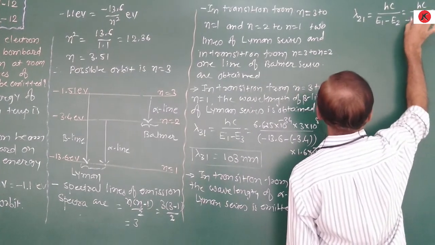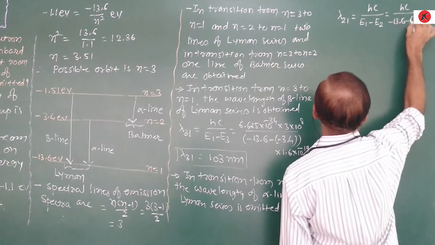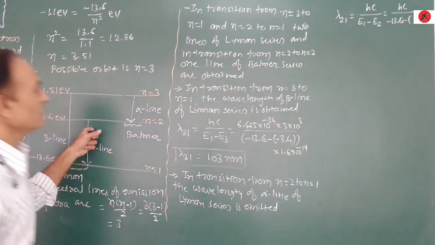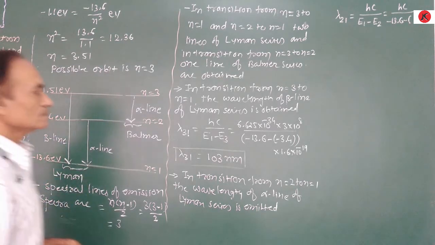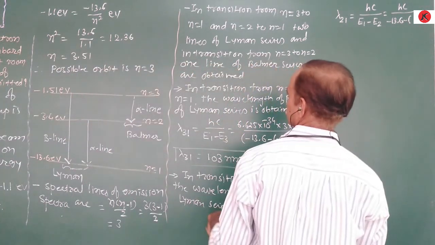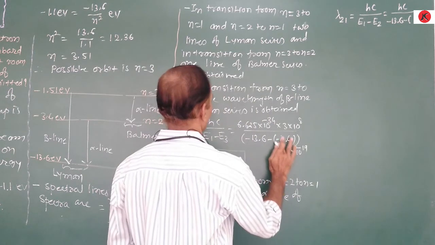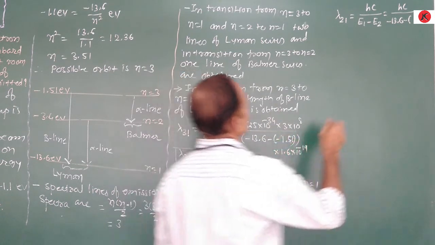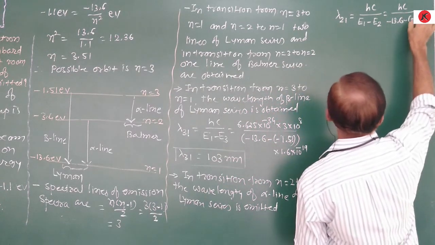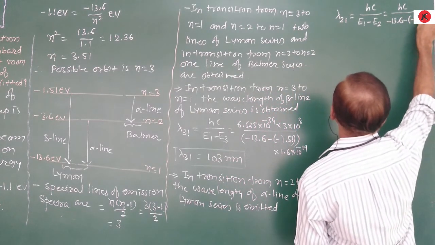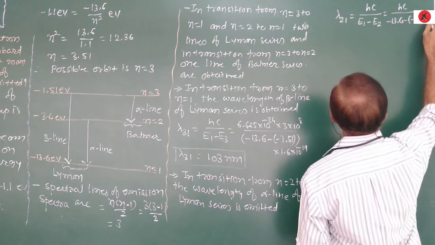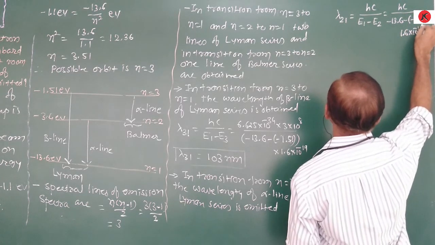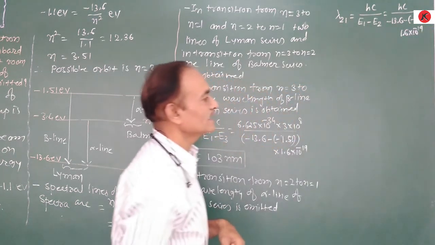E1 is minus 13.6 and E2 is minus 3.4. Also convert into joule by multiplying with the charge of an electron, 1.6 into 10 raised to minus 19.